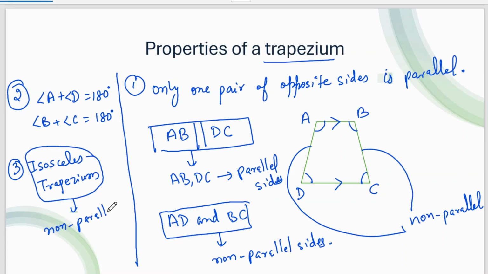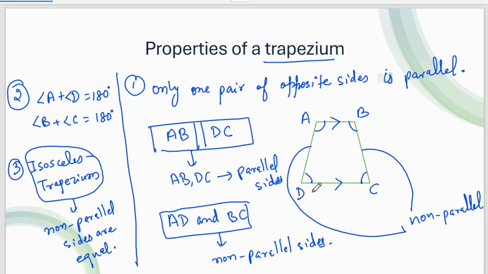In an isosceles trapezium, the non-parallel sides are equal, not the parallel sides.